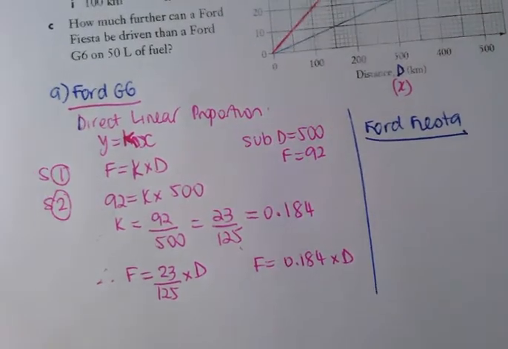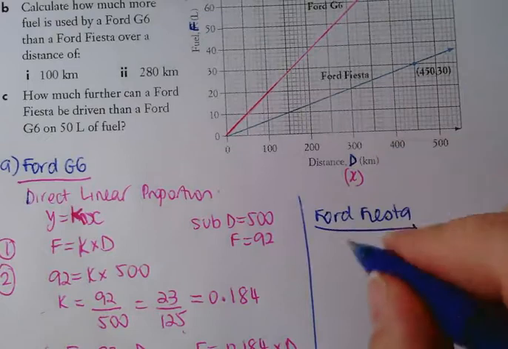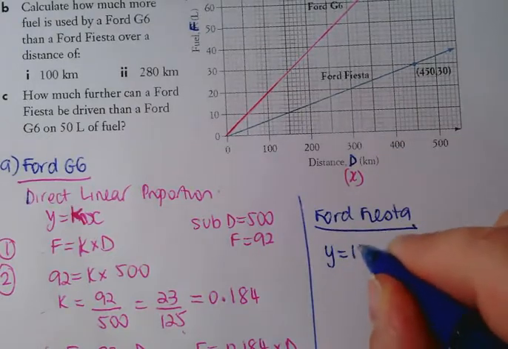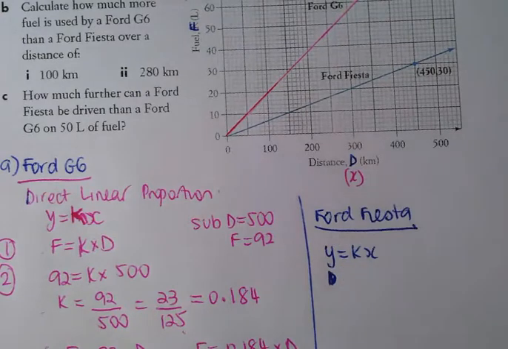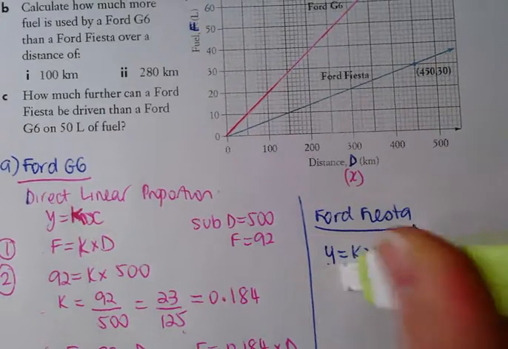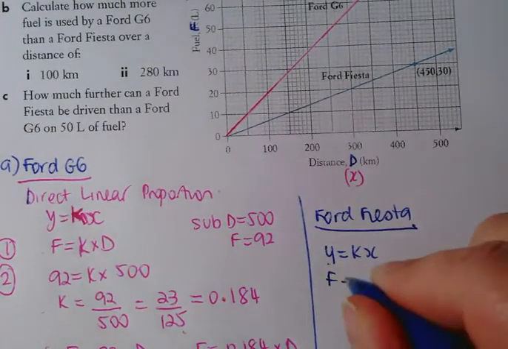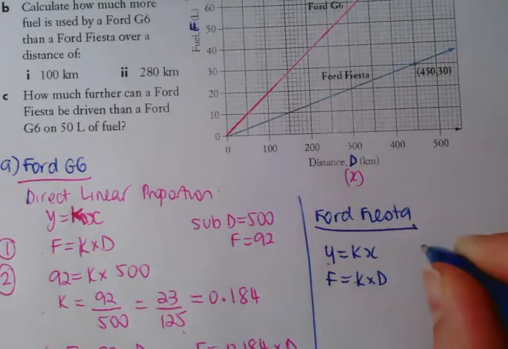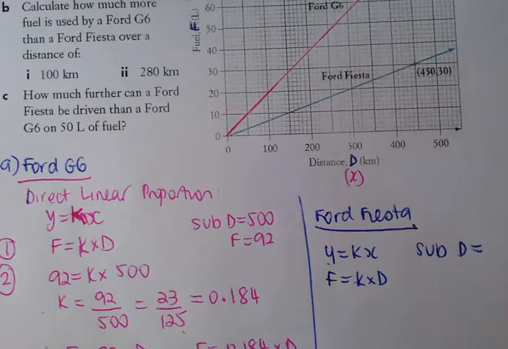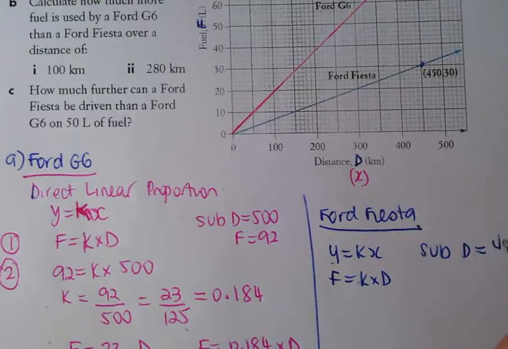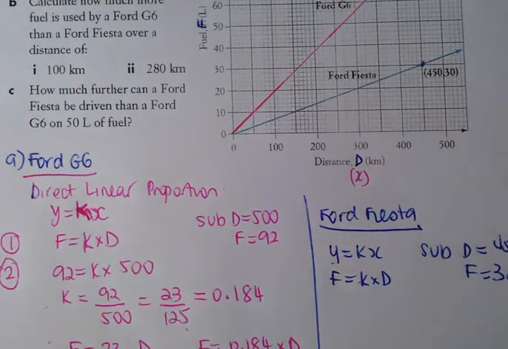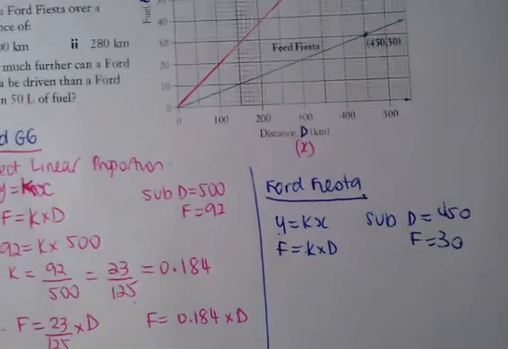Looking at some values that we know, again the equation is Y equals KX, or in this case, instead of Y, we've got F, so F equals KD, or K times D. We're going to substitute a value that we've got, and we know that when the distance traveled is 450, the fuel consumption is 30. So we're going to substitute those in.